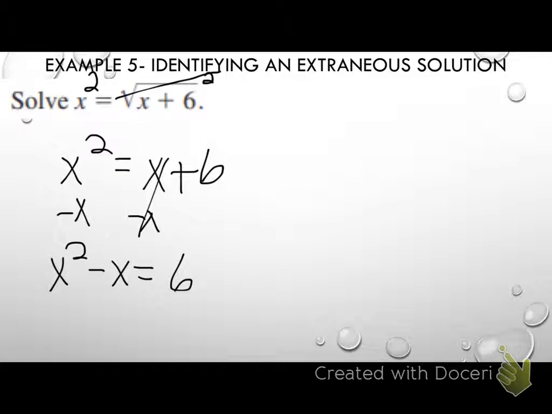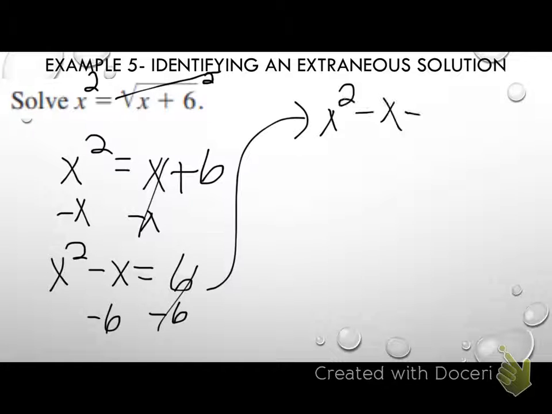What else do I need to bring over? Well, what's left on the right-hand side? 6, right? How would I bring that 6 over? Subtract 6. So x squared minus x minus 6, because the 6 can't combine with anything, can it? Equals, then I'd be left with 0 on the right-hand side.